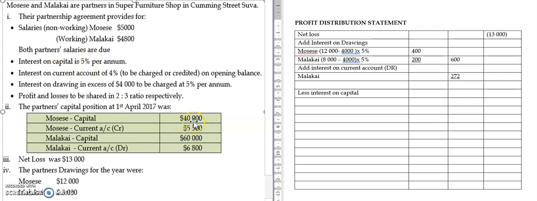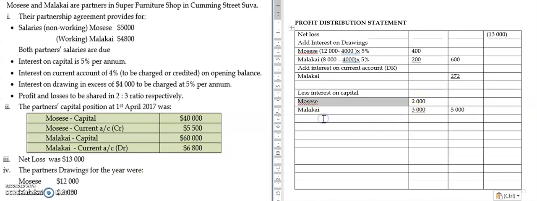So 5% of 40,000 is given to Mosese, 5% of 60,000 is given to Malakai. So altogether, business is giving 5,000, interest on capital 2,000 to Mosese and 3,000 to Malakai.